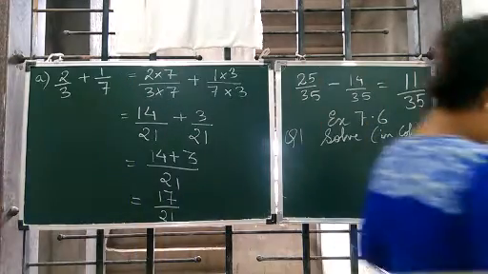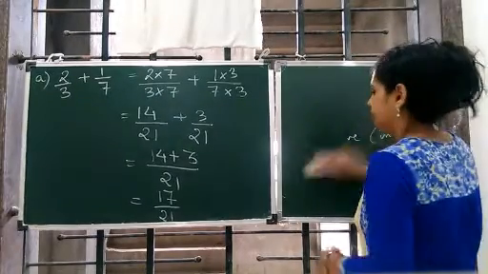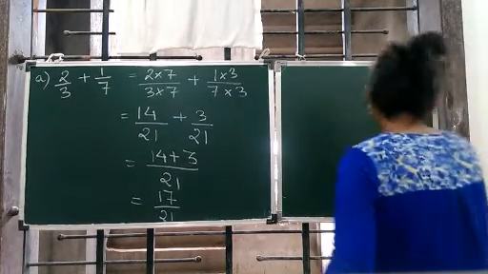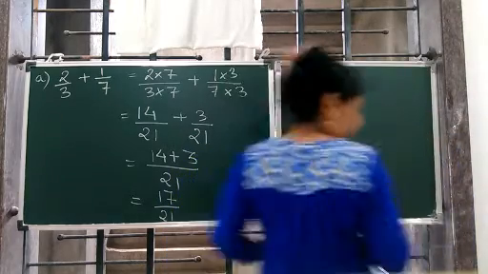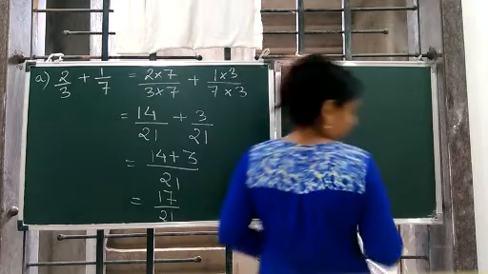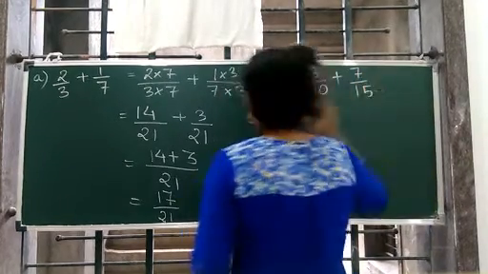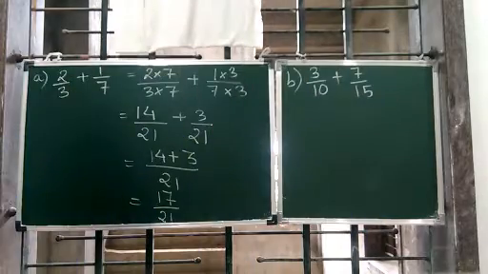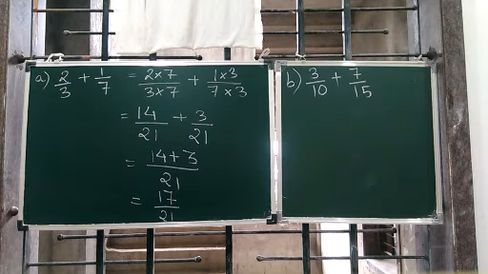This completes A. We start B. B is 3 by 10 plus 7 by 15. Again, the denominators are not the same.